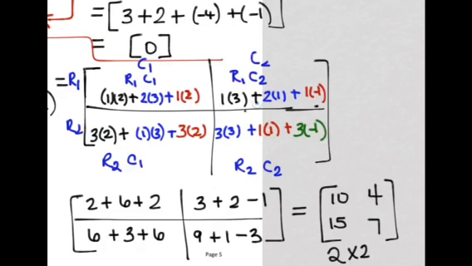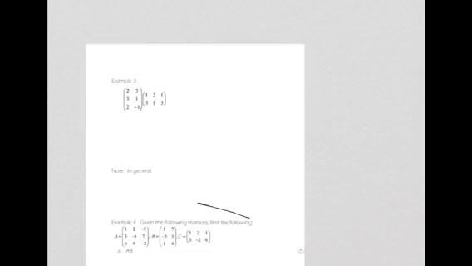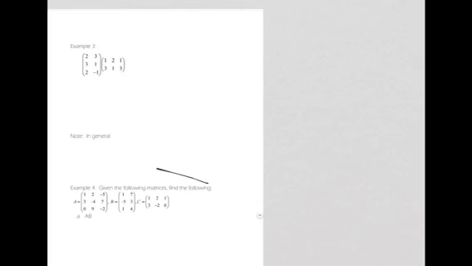Now moving on to more examples. Example 3 here. The first thing you always need to check is the size of the two matrices that you are looking at. So what is the size of this first matrix? How many rows does it have? 1, 2, 3.